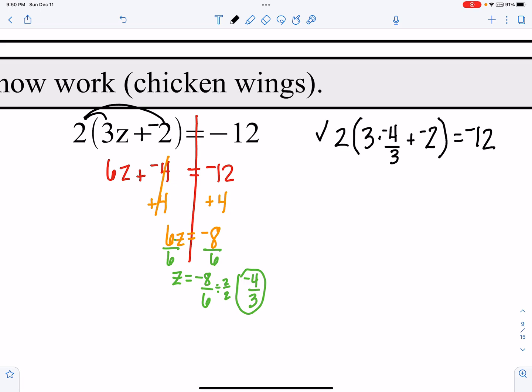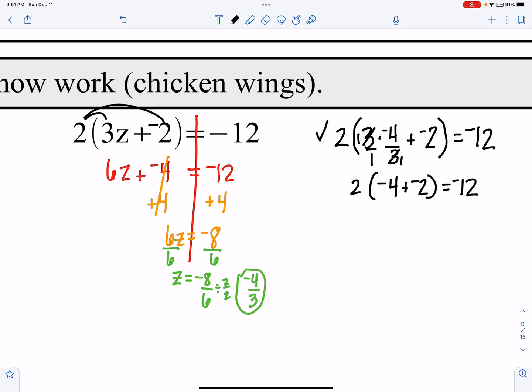So let's go ahead and take care of inside the punctuation first. So I have a 3 over 1 times a negative 4/3. I can cross simplify that, and it just gives me a negative 4 plus a negative 2 times 2 equals negative 12.